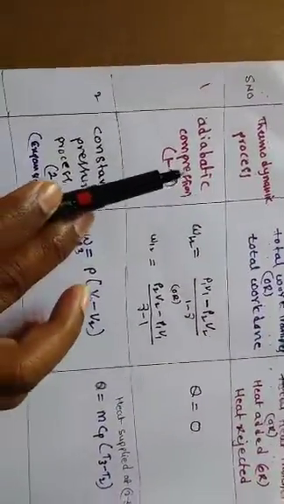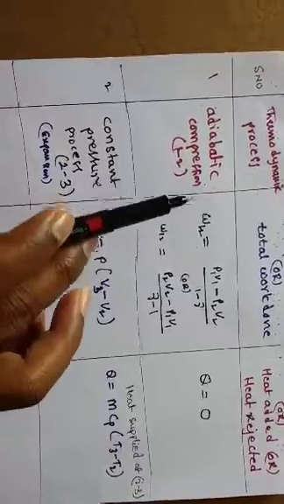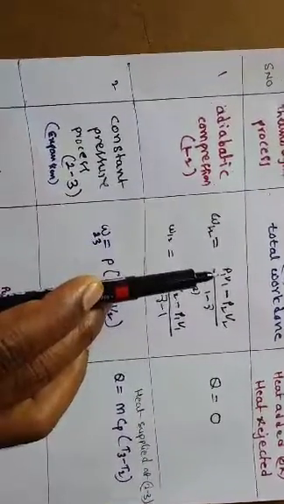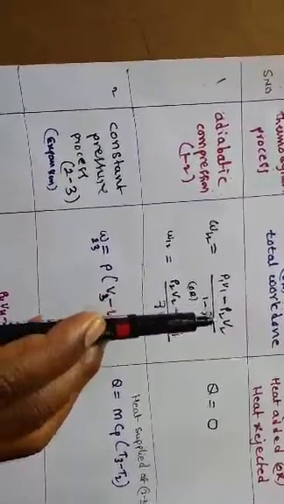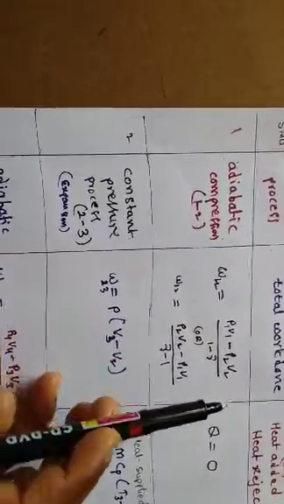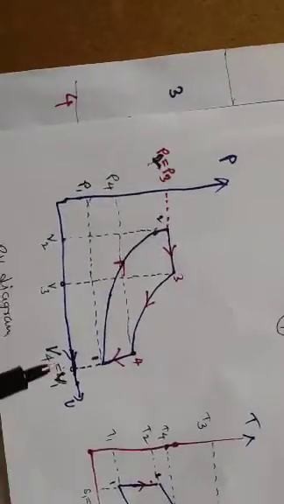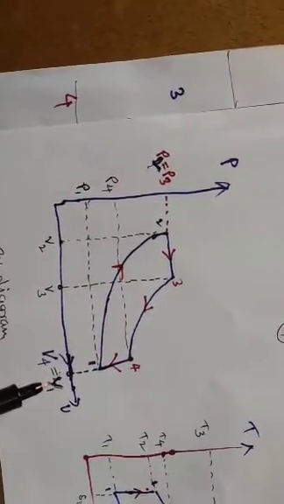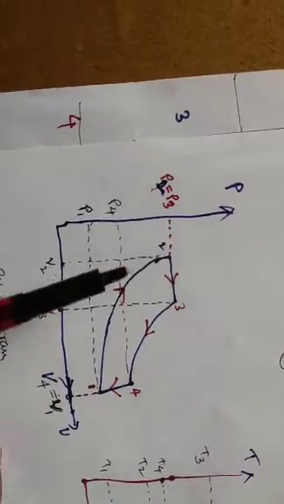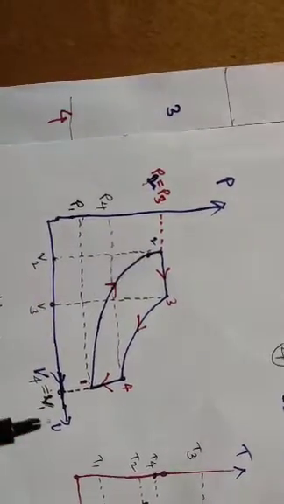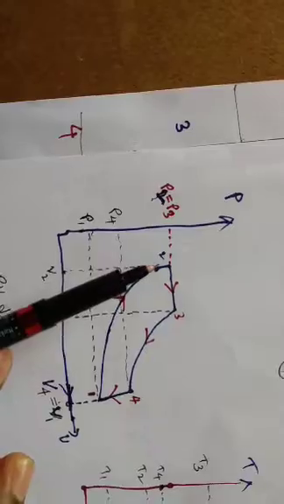Once again, see. In the adiabatic compression process, the 1 to 2 process, the formula is P1 V1 minus P2 V2 by 1 minus gamma. Why 1 minus gamma? Here P1 is lower and V1 is higher than V2.